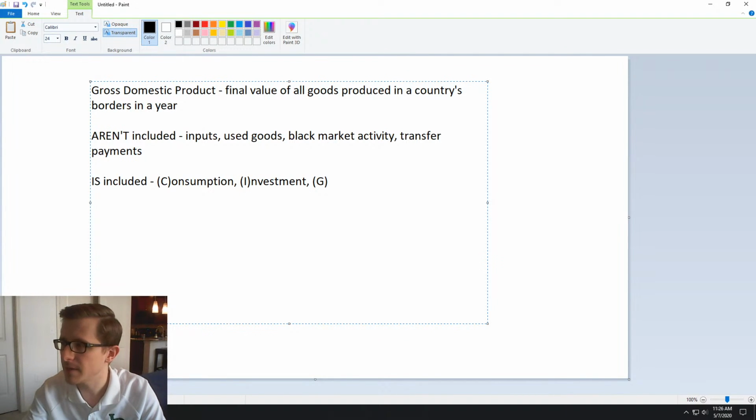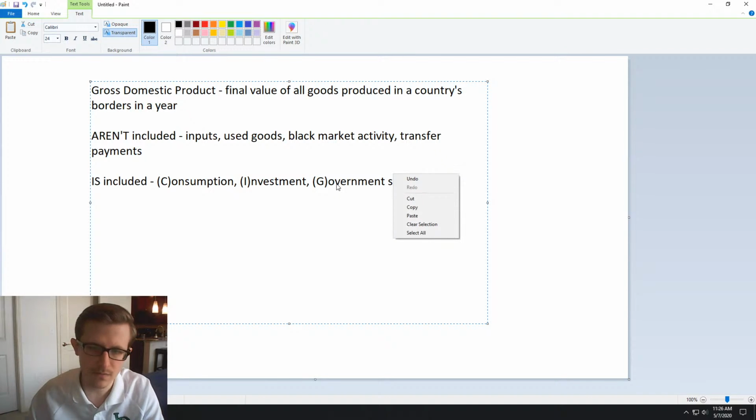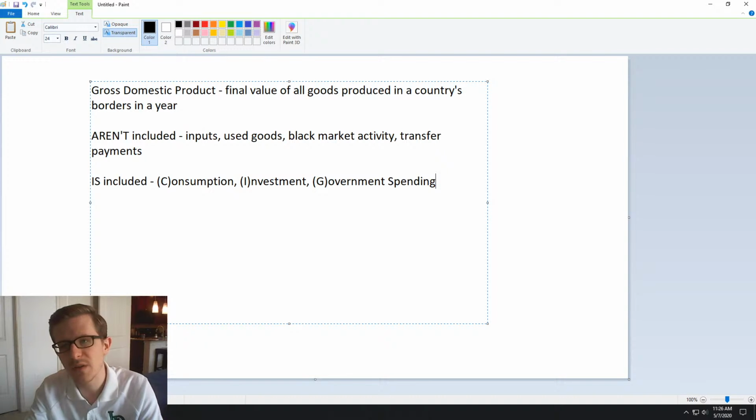Next one going to be G. I'll give you a second to think about that. So G with government spending. Government spending is going to be on things like infrastructure, different public projects, things like that. The government buying stuff, whether it be for the military or other projects, things of that nature.